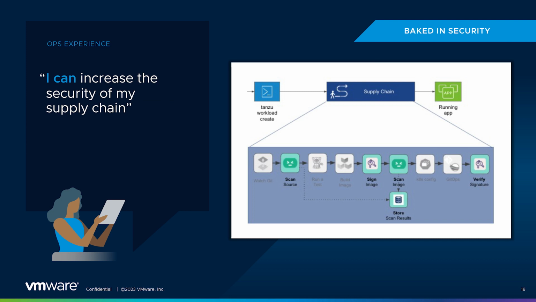And more important is the security here, so how security folks are going to work with us. As part of TAP, we have what we are calling source scanning, testing, and image scanning. So you will see many different phases if you go deep into the supply chain. First, we have the ability to provide you with source scans.